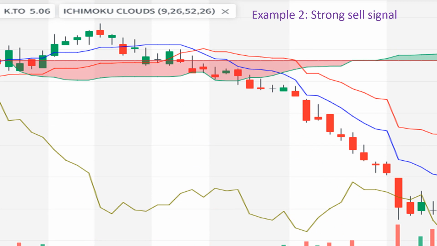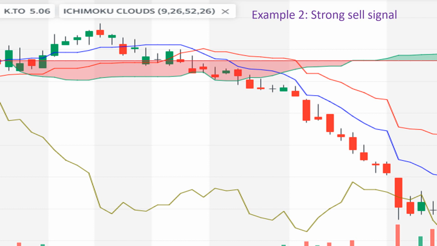This is the price trend K stock, Yahoo Finance. Example number 2, strong sell signal. Now, this is the conversion line, the blue line, which is below the baseline indicated with the red color, and the price is below the Kumo cloud, and Kumo cloud is used to filter out the signal.